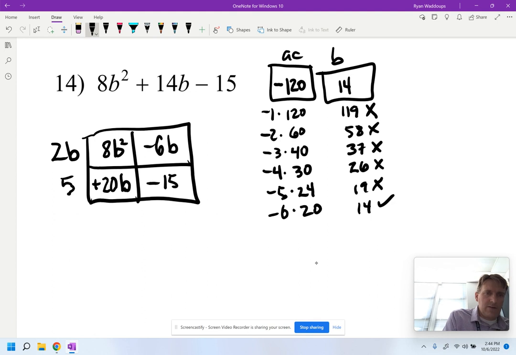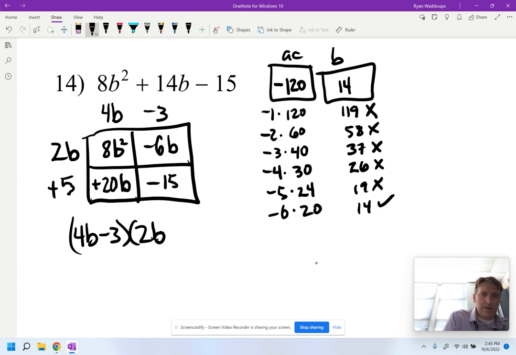Up here it would be 4b, and over here it would be negative 3, I think. Negative 3. So our factors are 4b minus 3 times 2b plus 5. And those are our factors.